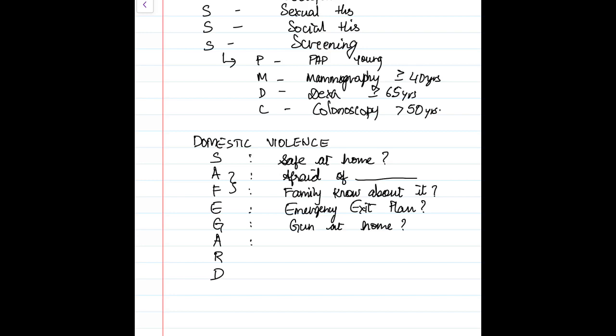A is for alcohol. Is your whoever is taking care of that person, if it's an elderly, or if you're asking it to a girl, then it can be her partner. Is your partner alcoholic? R is for relationship. How is your relationship with others? How is the relationship of your partner or your son or daughter with others?